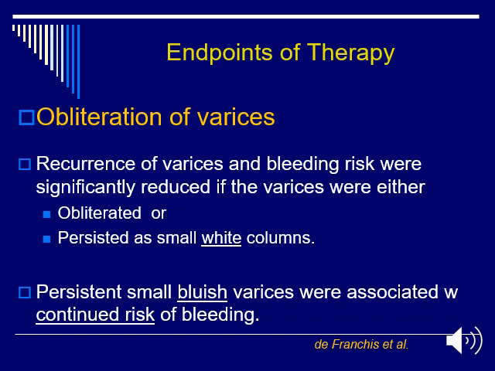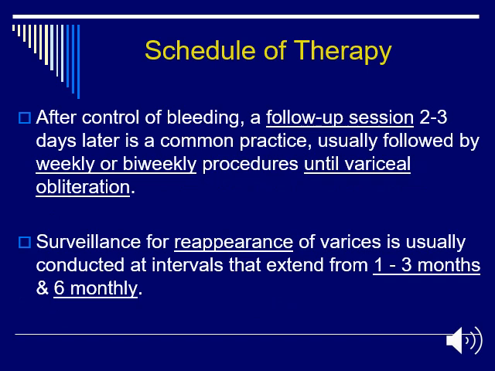But if you have a persistent, even bluish, small varix, it will have a continued risk of bleeding. And that's why you continue every week or 2 weeks until eradication. And after the eradication, you have to follow up every 6 months to prevent reappearance.